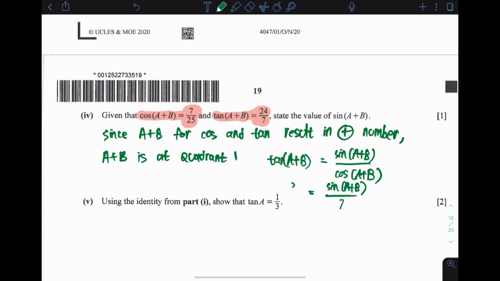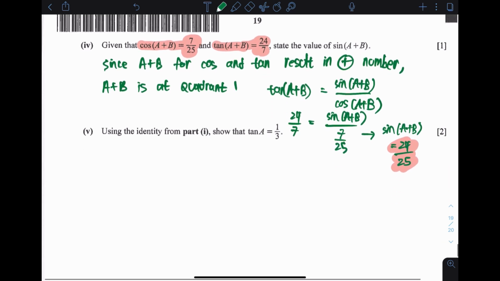Tangent of A plus B is 24/7, whereas cosine is 7/25. Cross multiply this, and hence we get sine of A plus B as 24/25. That should be the answer.